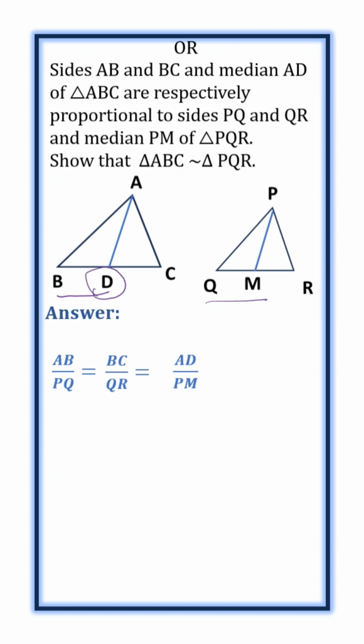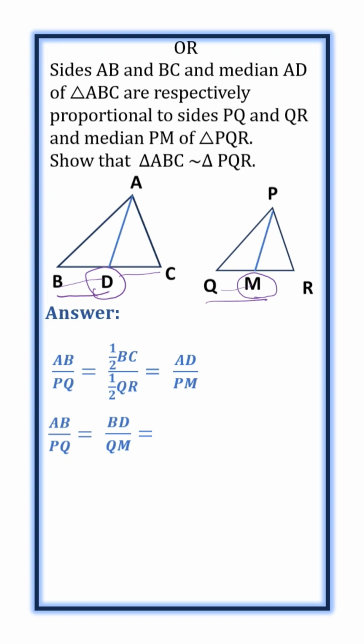So now let us replace BC and QR by half BC and half QR. So AB by PQ, observe half BC is equal to BD. Half QR is equal to QM. We have to select BD and QM only, not DC by MR, because we are given AB by PQ.